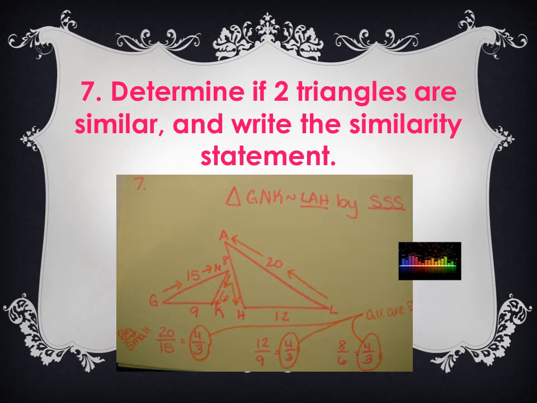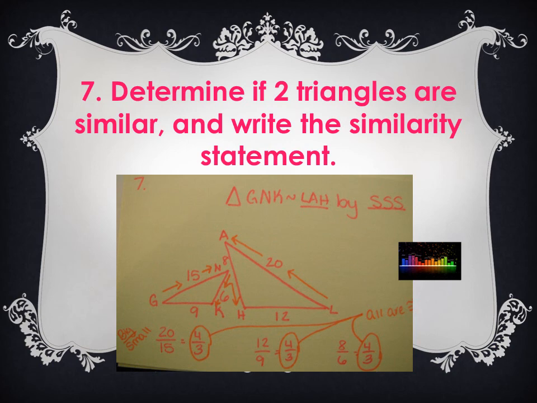In this problem, we are to determine if the two triangles are similar, and then write the similarity statement. All you are given are sides, so we set up our proportions. Side GN and side AL go together. So when we do 20 over 15, we get 4/3.